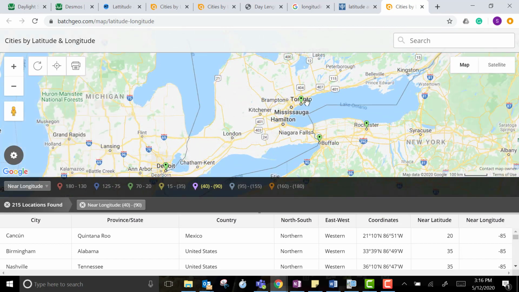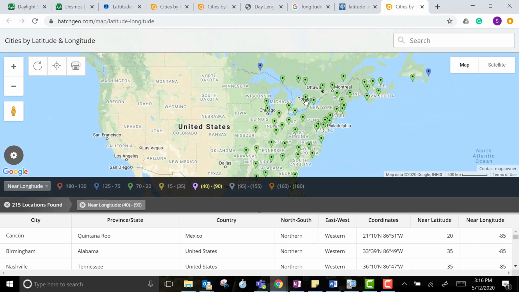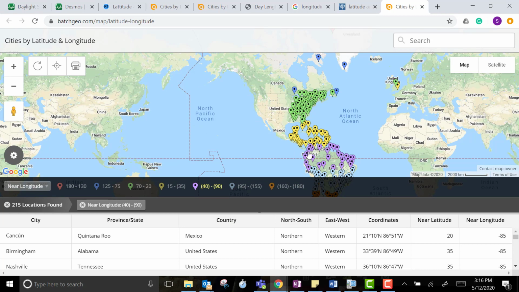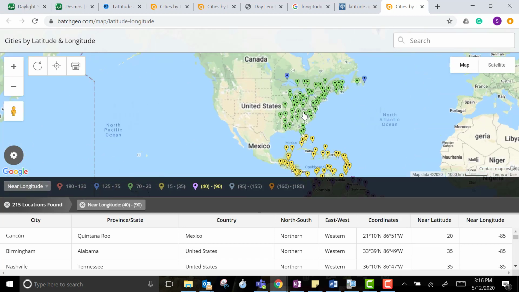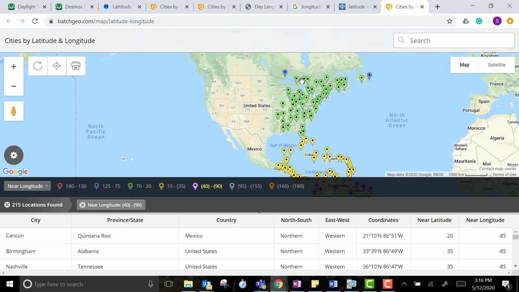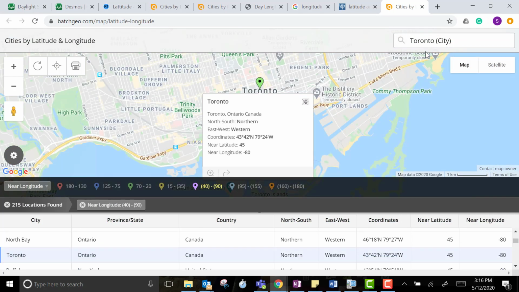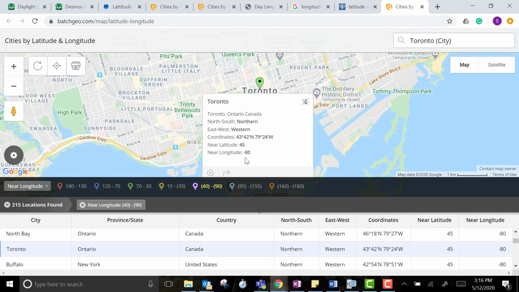But if I'm choosing Toronto, very similar to what we said before, if they're on the same longitudinal line, it'll probably be any city that falls within here. So when I search Toronto, Canada, I see that it's near longitudinal line negative 80.